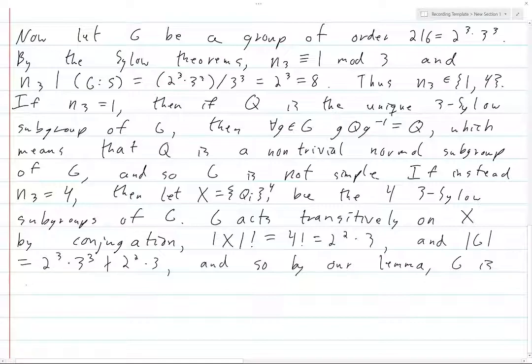Because our lemma was that if G is simple and we have a transitive action of G on X, then the norm of G divides the norm of X factorial. But here we have G acting transitively on X, but this division not holding, and therefore G cannot be simple.